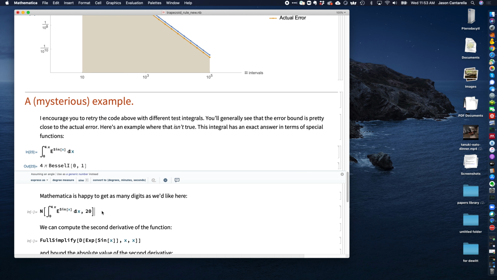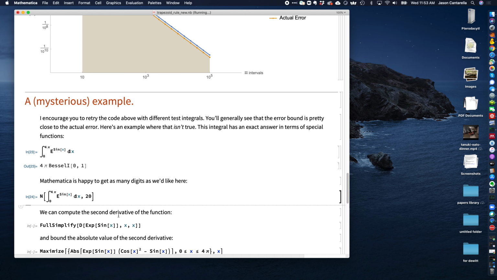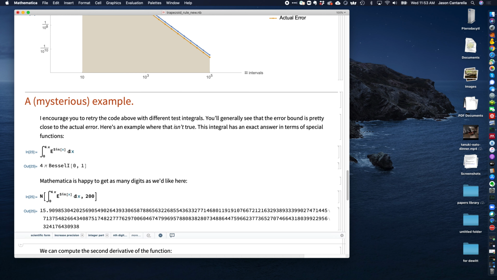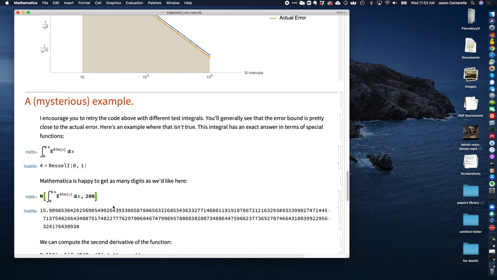Mathematica can evaluate as many digits of the Bessel I function as we'd like. So there's 20 and 200 digits of the Bessel I function. So we know, at least in a we-can-compute-it-as-well-as-we-want sense, the answer to this integration problem.